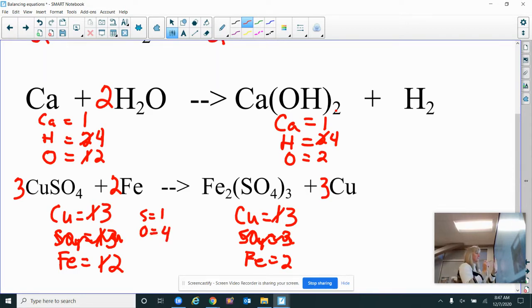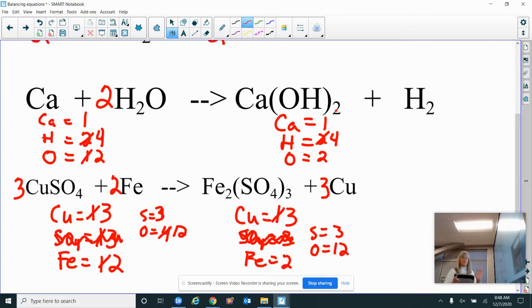And over here, if I'm ignoring the sulfate, I had 3 sulfurs and 4 times 3, I had 12 oxygens to begin with. Then when I was balancing, I have a 3 here, so that would make my sulfurs 3, and that would make my oxygens 12. And I come up with the same result to balance it.